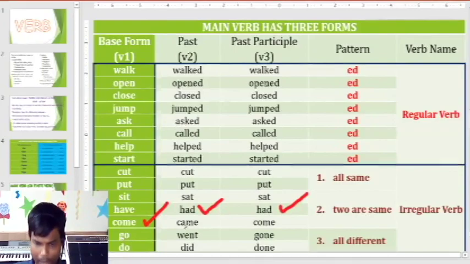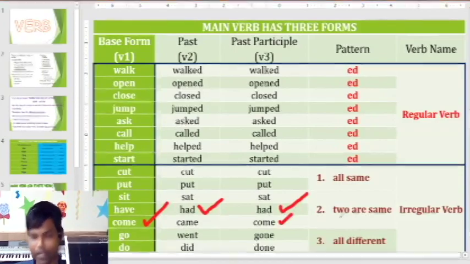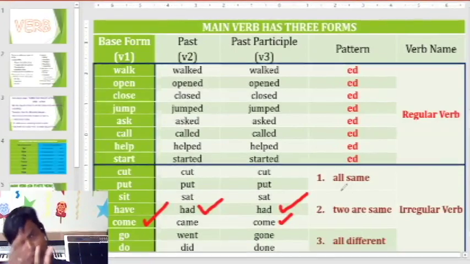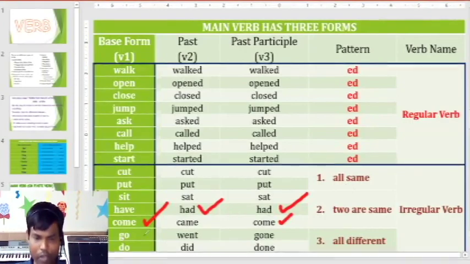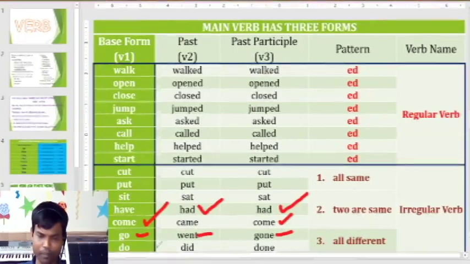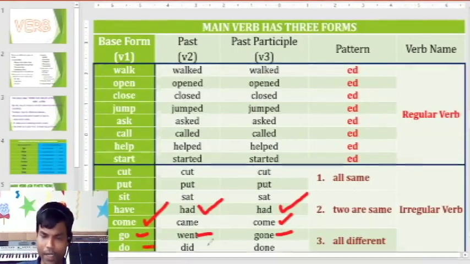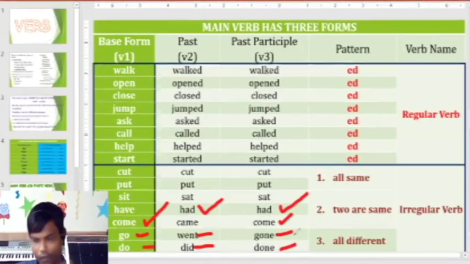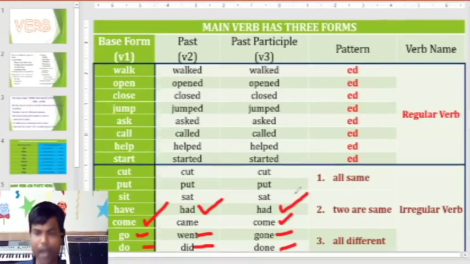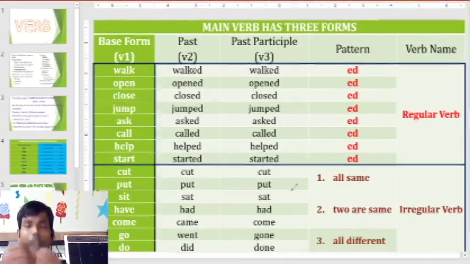Come, came, come, two are same. And then you have here go, went, gone, none are same. Do, did, done, all different. So what is the simple pattern for irregular verb? They don't have any pattern, simple.